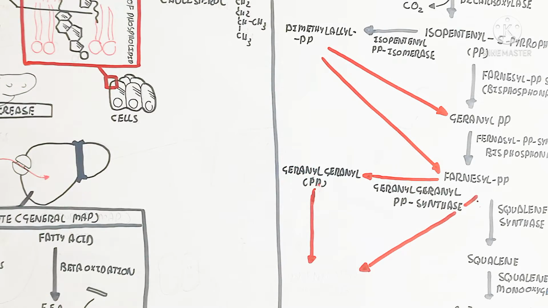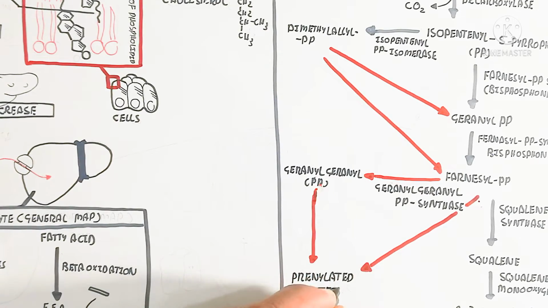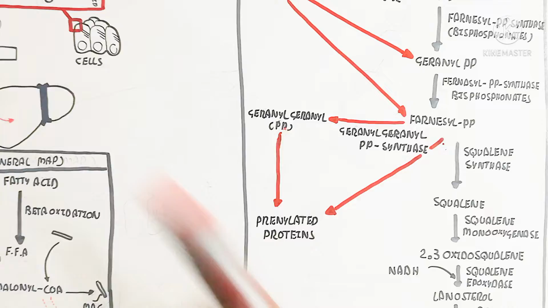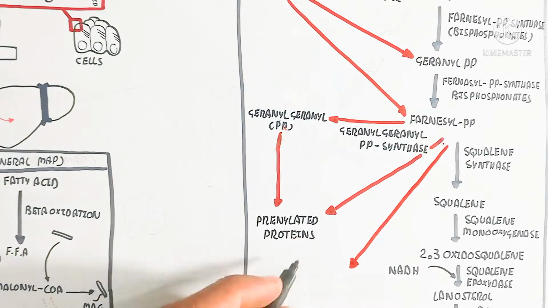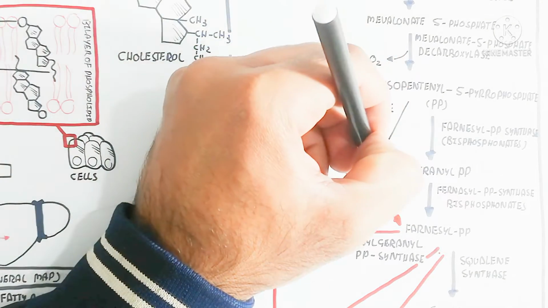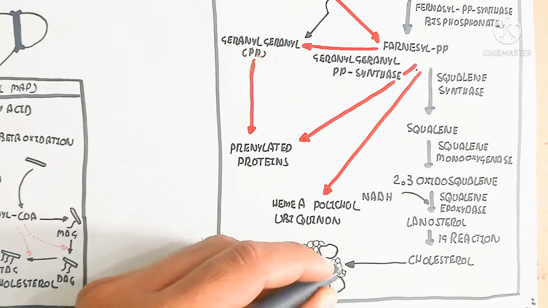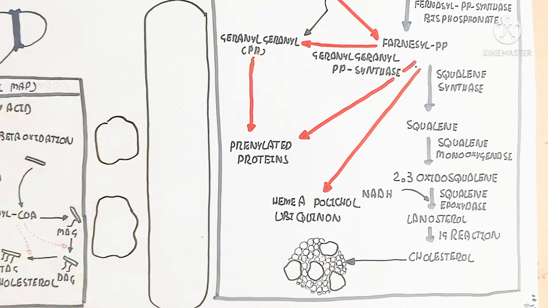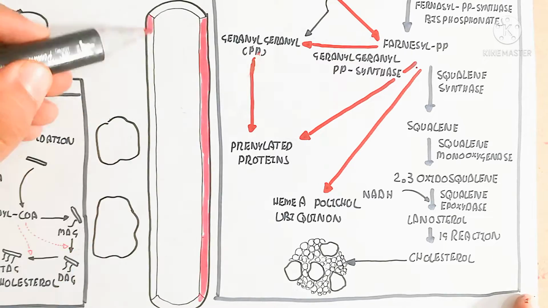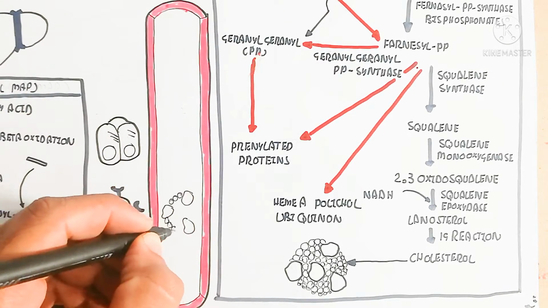Geranyl pyrophosphate can be converted into prenylated proteins, and on the other hand farnesyl pyrophosphate is also converted into heme A and polyprenol ubiquinone. The cholesterol will be deposited into high density lipoprotein, and in this way esterification occurs.